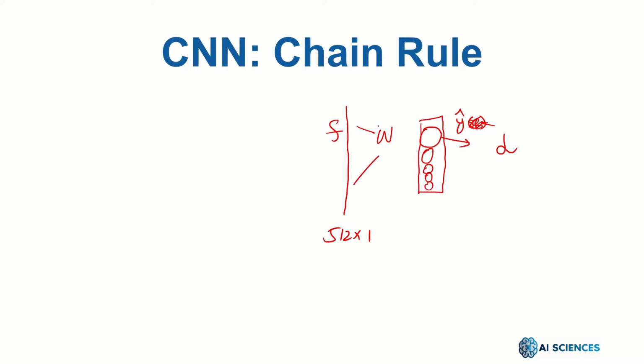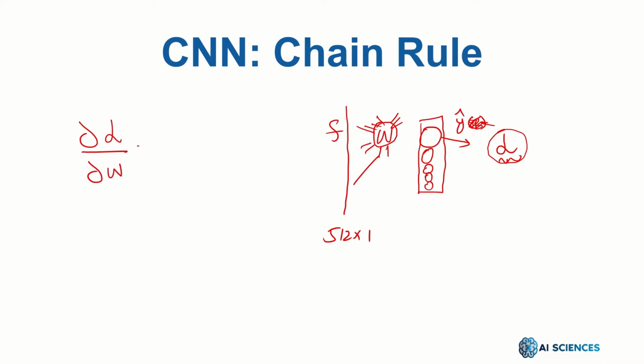Now, if we want to find the derivative of L, the loss function, with respect to W, all we want to know is how changes in W contribute to changes in L. What is the impact of changes in W on L?